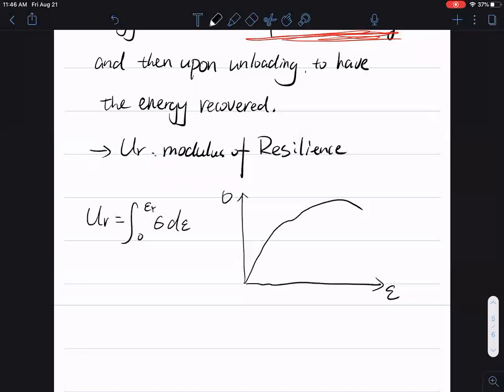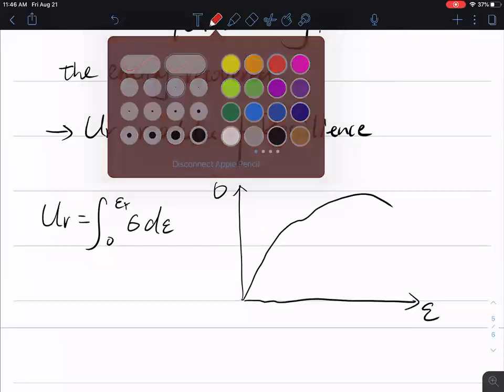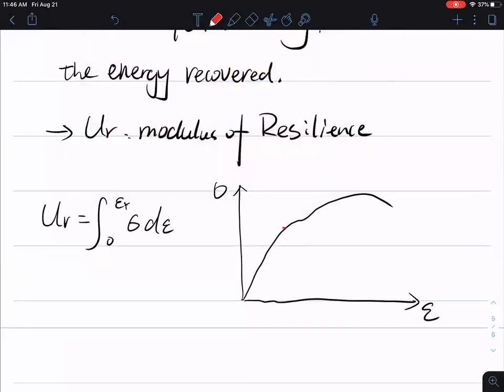If you have a stress strain curve, just find out where the linear region is, and find out where the yielding stress is. Then you build a triangle, since the curve before that yielding stress should be a straight line. The right triangle here will tell you information about resilience.